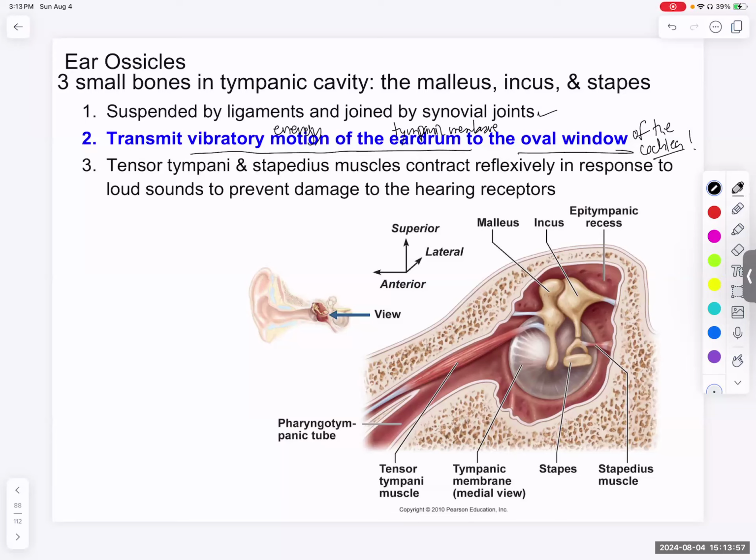There's the tensor tympani and the stapedius muscle that contract reflexively in response to loud sounds. This is to prevent that vibratory energy being too high, because then there'll be too much energy transferred to the oval window of the cochlea. So that's what those little muscles are for.